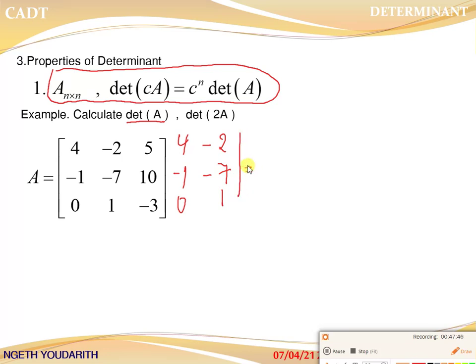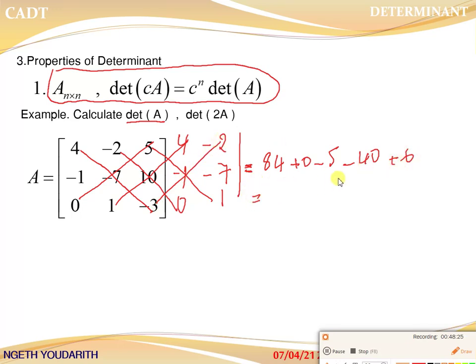So we take from this one 21, this one is 84, this one is 0 plus 0, this one is minus 5, and this one is 0, this one is minus 40, this one is plus 6.